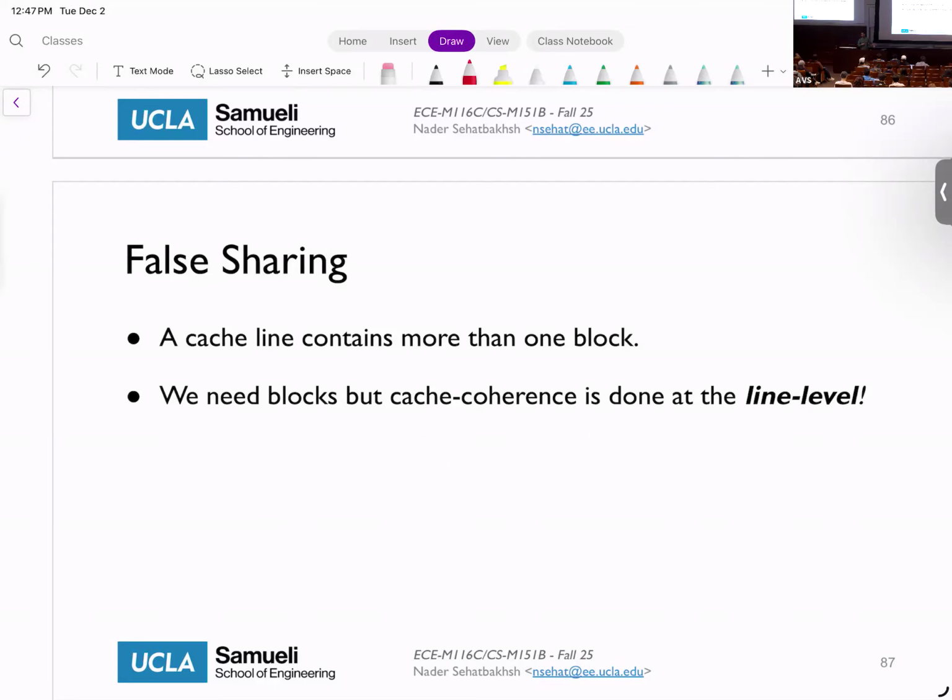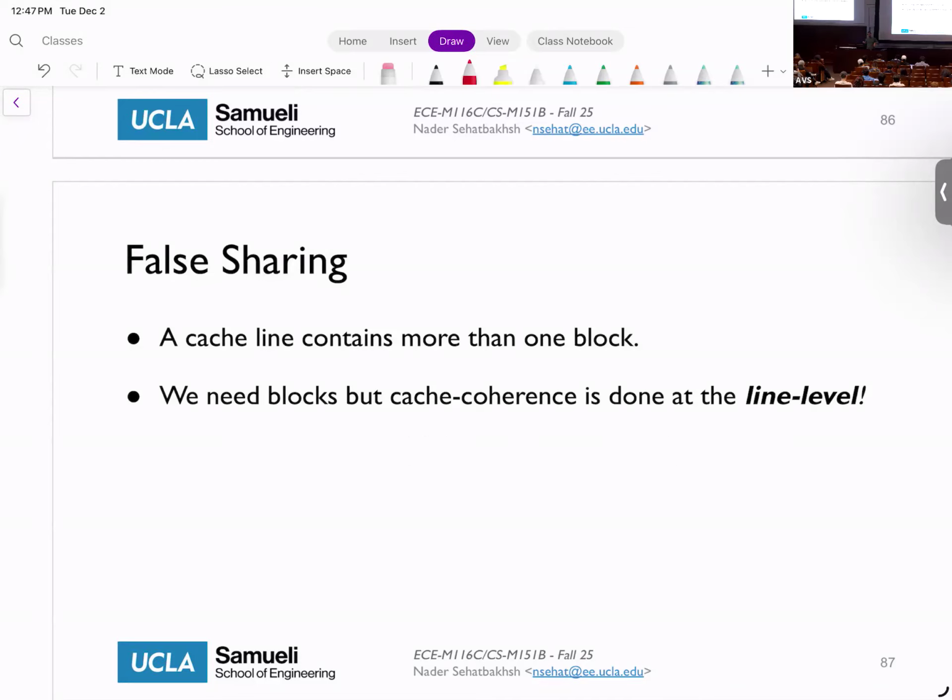But what that means is that if one of the lines is shared and the other one is not shared, everybody will be on the same boat. If I invalidate a block, all the lines within that block will be invalidated. But it might be that only one of those lines is in fact shared, the others are not. This is called false sharing because we address things at the line level, but we maintain the coherency at the block level.